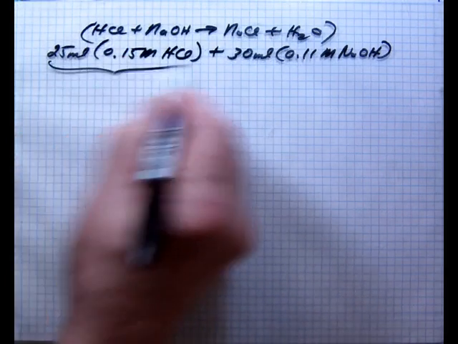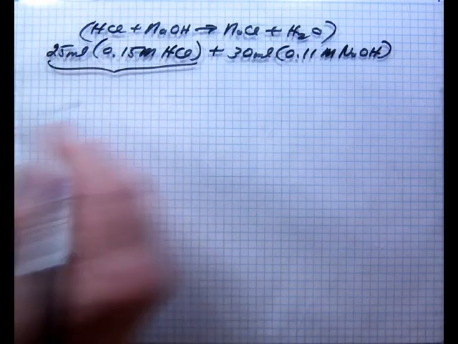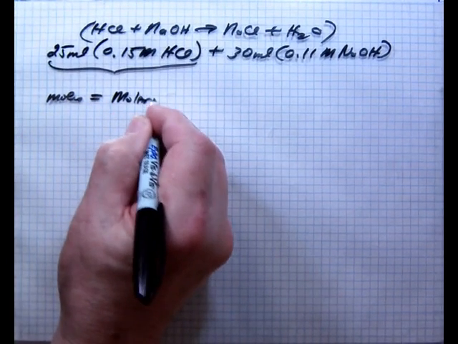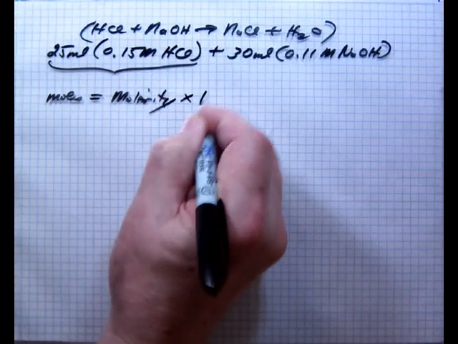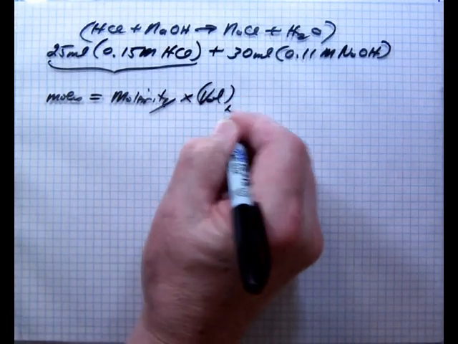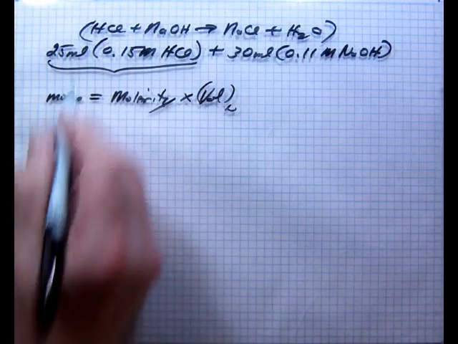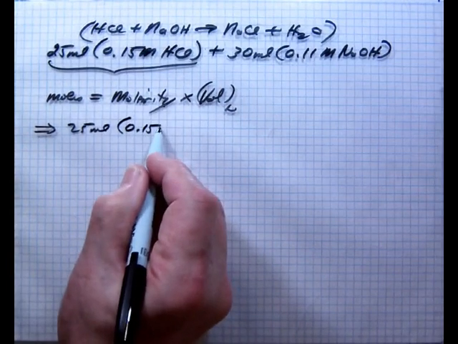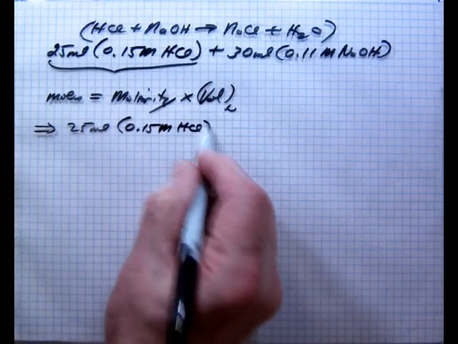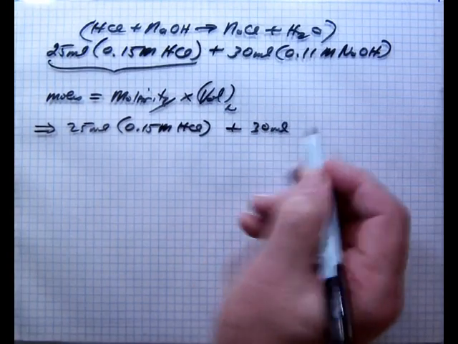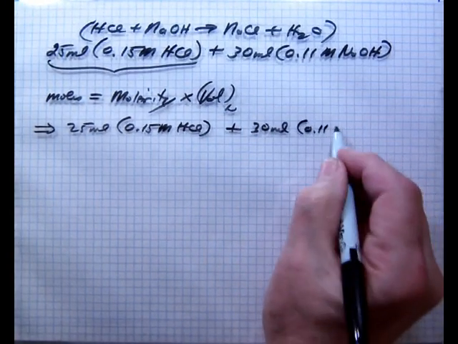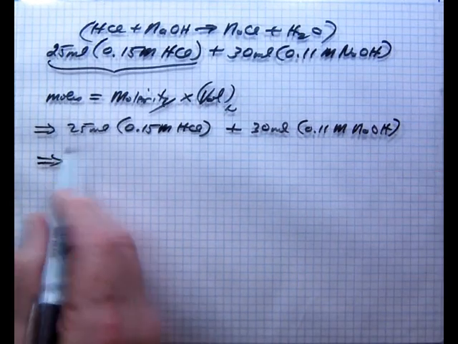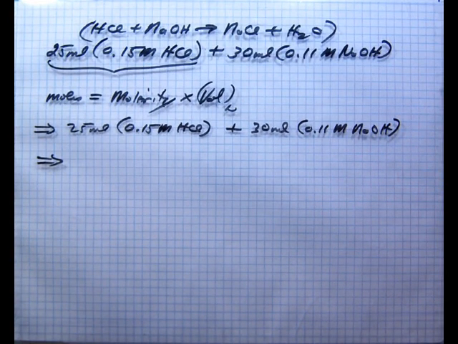This we need to convert to moles. Well, moles is equal to molarity times volume expressed in liters. So if I'm given 25 milliliters of 0.15 molar HCl plus 30 milliliters of molar NaOH, I want to convert that to moles. Now watch me close on this.